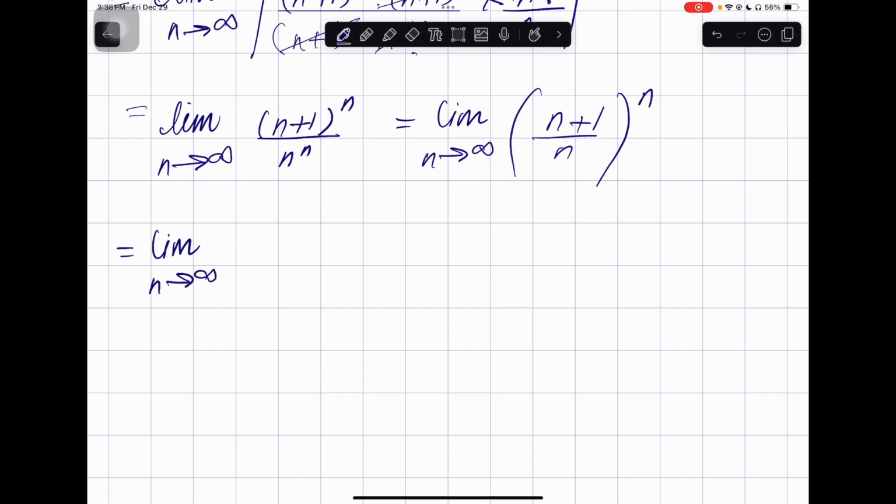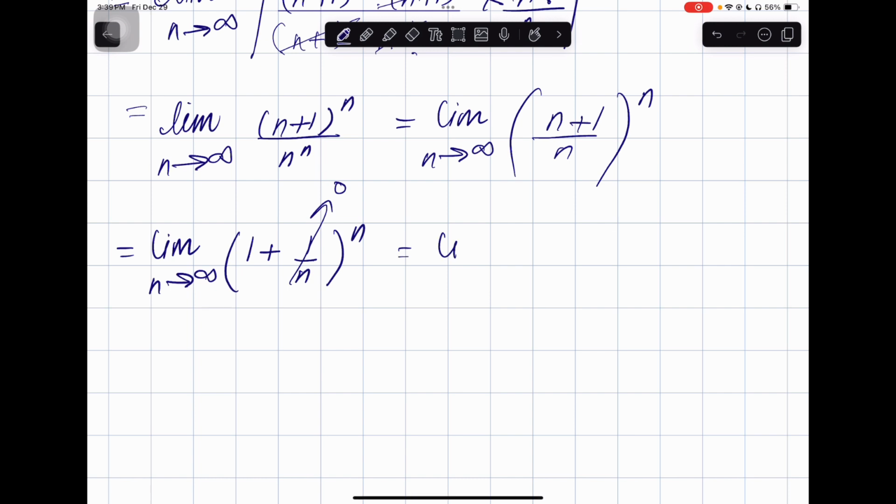So you can split the denominator, and we would have (1 plus 1 over n) to the power n. And if you now input the value, then 1 over n will be 0, as anything divided by infinity would be 0.